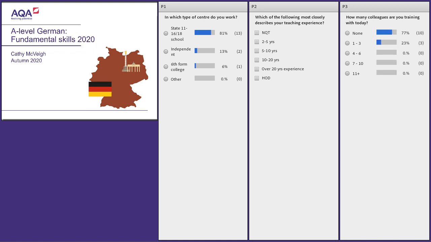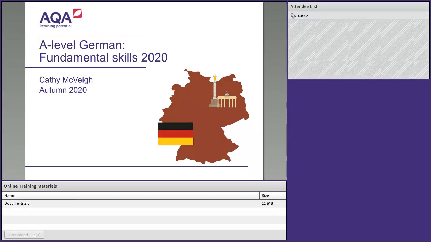Okay, so we can see that we've got a wide range of schools and colleges, and again a wide range of experience, and a couple of colleagues who were able to do the training with other colleagues from their school, which is also good as well. It means that you can share ideas. Okay, so if we could go back to the PowerPoint, please.